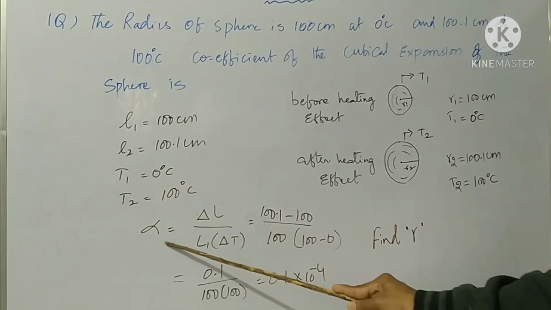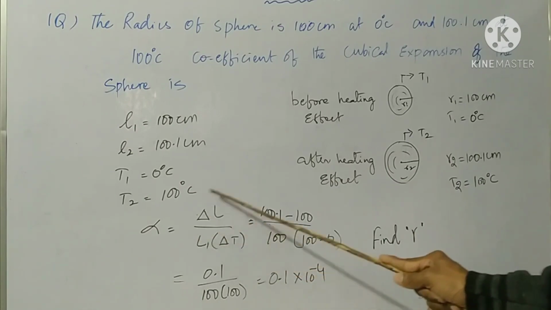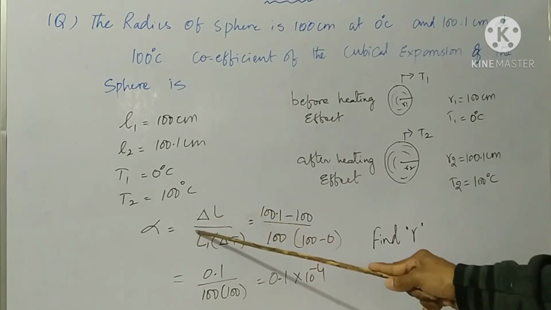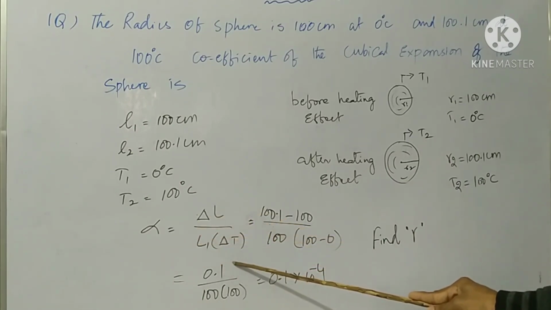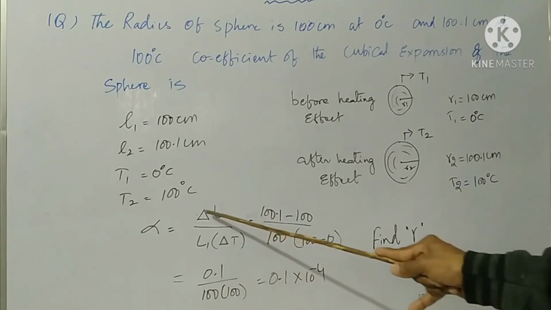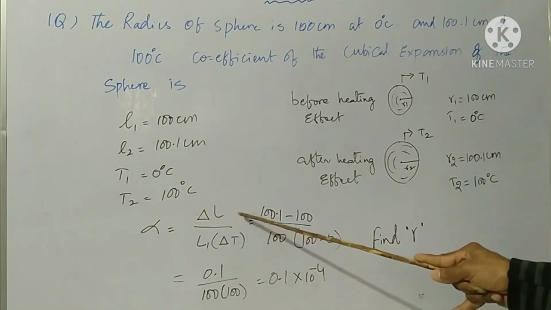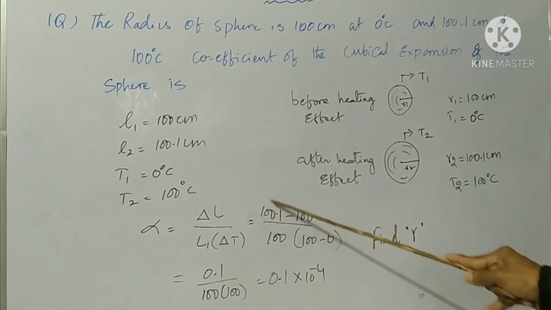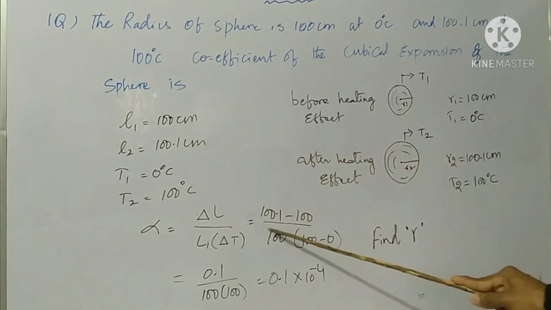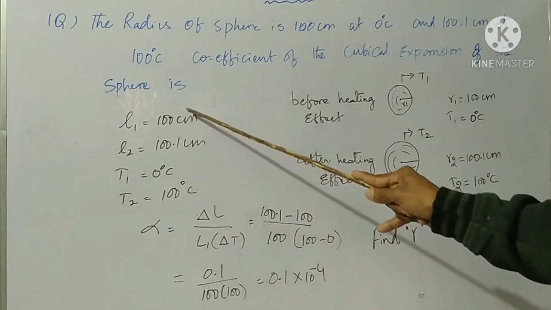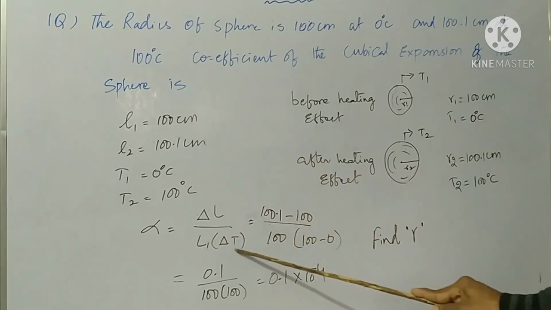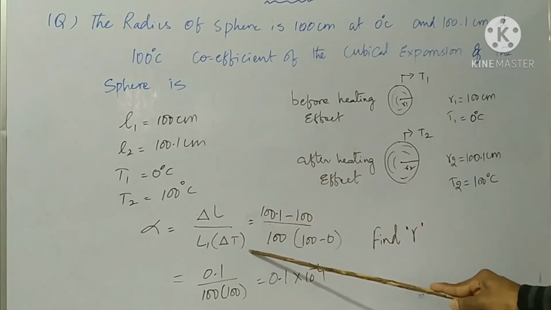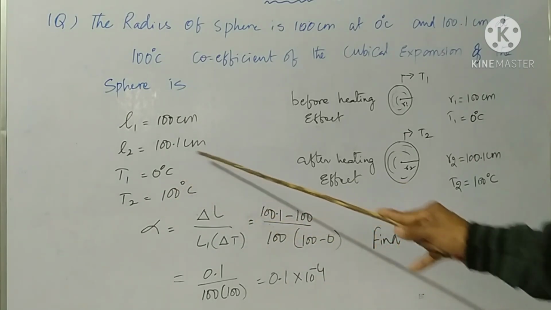The linear expansion coefficient is equal to the change in length divided by the initial length into the change in temperature. The change in length means L2 minus L1. So L2 is 100.1 minus L1 which is 100, divided by L1 which is 100 into the change in temperature, T2 minus T1, so 100 minus 0.